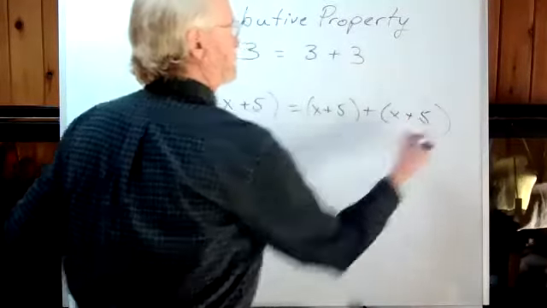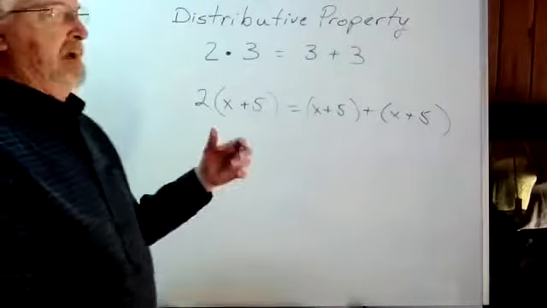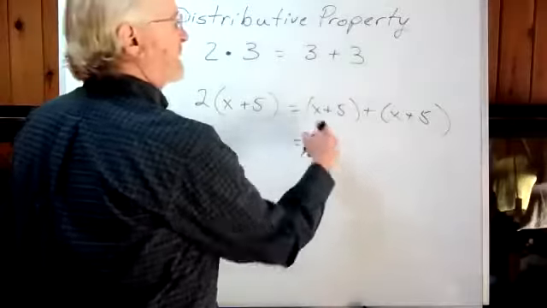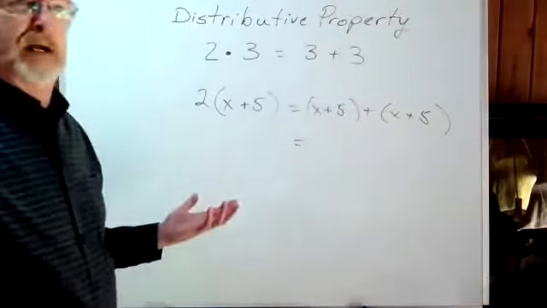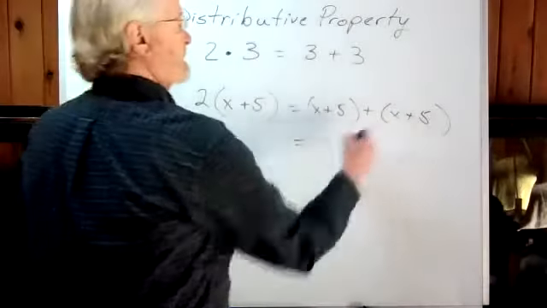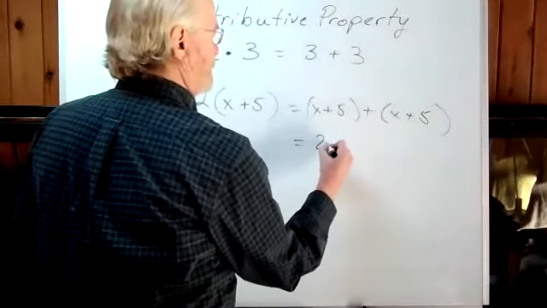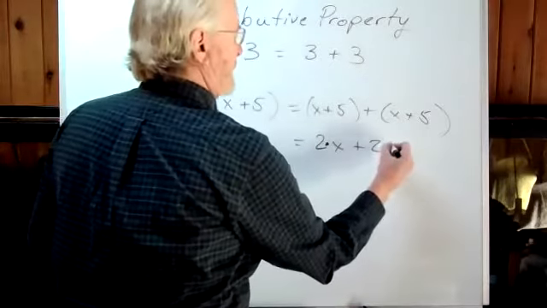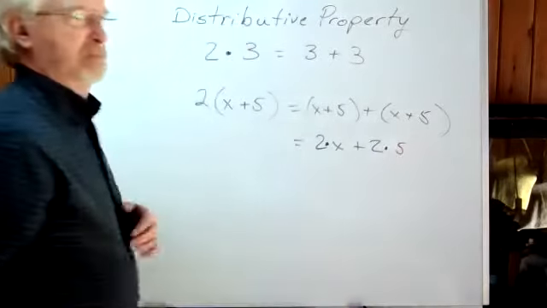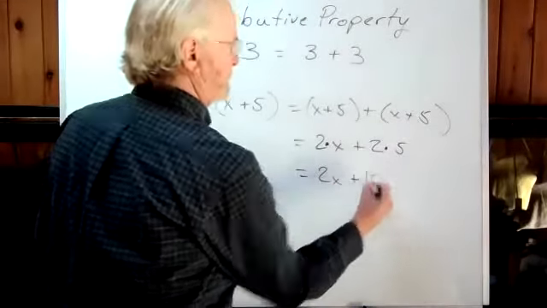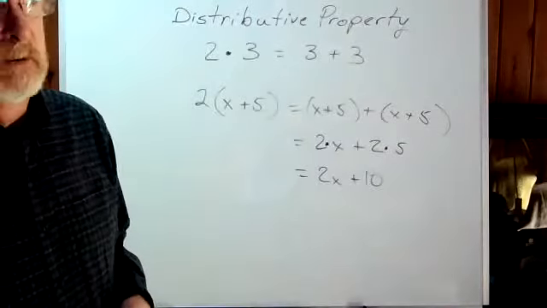All right. And here's the long story, and of course the shortcut coming up. Well, if I look at what I have over here, I don't really need parentheses anymore because it's just a bunch of additions. I have some x's, some like terms, so really I have 2 times the x's, and I have some 5's, so I have 2 times the 5's. Right? And so I call this 2x plus 10.